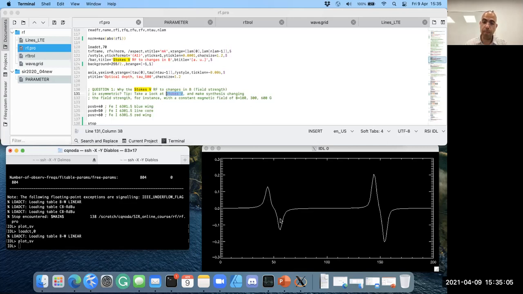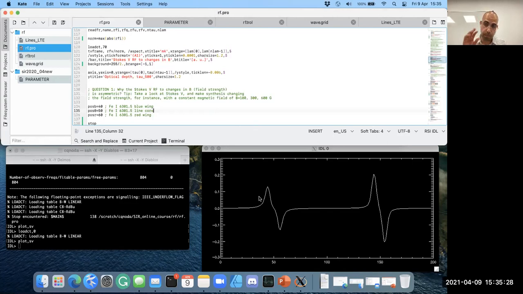So this is the main reason why, for a simple example like this one with constant magnetic field and zero velocity, you see that the response functions have opposite signs. So let's try to reproduce it and make the synthesis with different field strengths, and you will see what I mean.